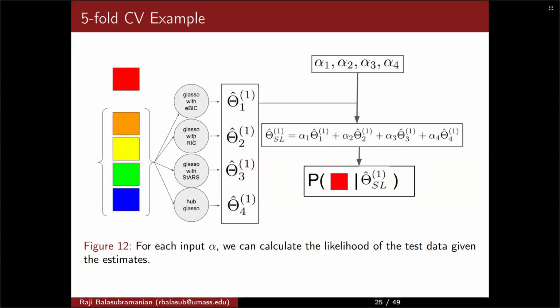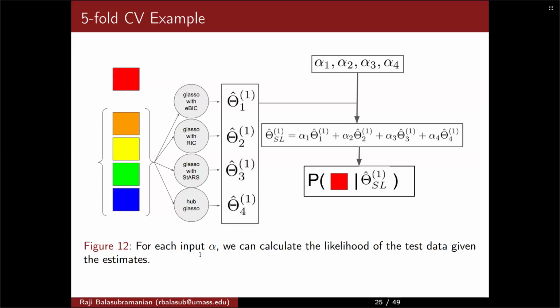So then to figure out how to estimate our alpha, our superlearner is of the form, in the first iteration, alpha 1, which is yet unknown, times the estimate of theta from our first method in the first cross-validation iteration, plus alpha 2, plus alpha 3, plus alpha 4.